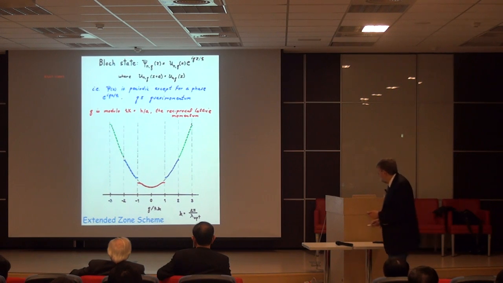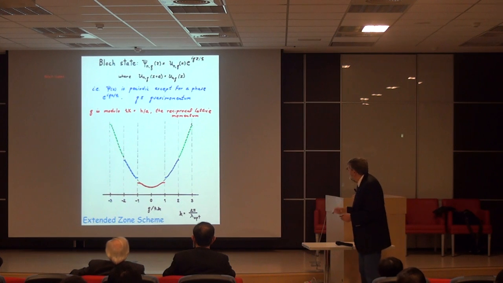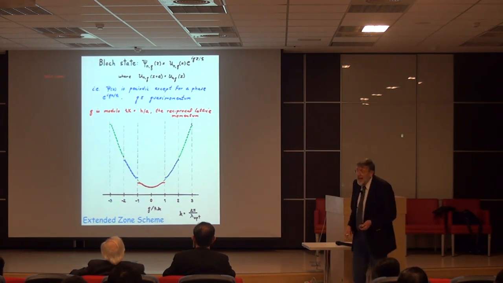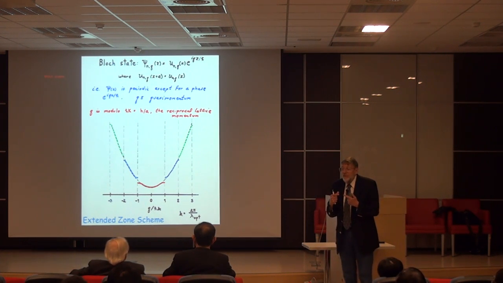vector. Now, let me just say something about reciprocal lattice vectors and Brillouin zones. The reciprocal lattice vector, remember, is Planck's constant divided by the lattice spacing. Remember, the lattice spacing is half the photon wavelength, half the optical wavelength.